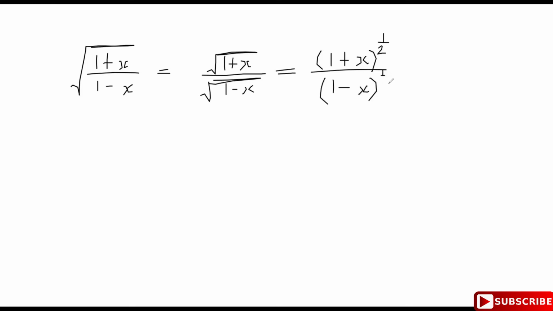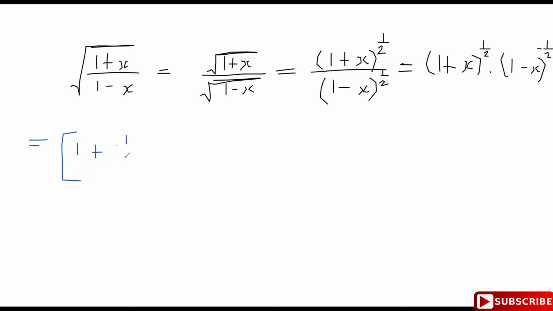Then we can bring that up into the power to get 1 plus x to the half, multiplied by 1 minus x to the minus half. If you're applying the binomial expansion formula, this first part is going to be 1 plus nx, and in this case n is a half.